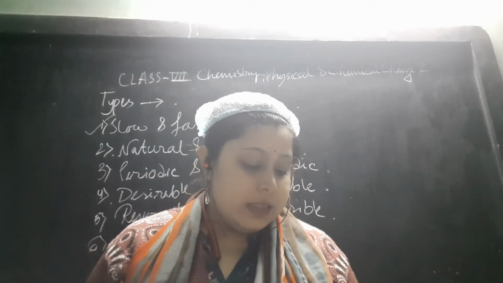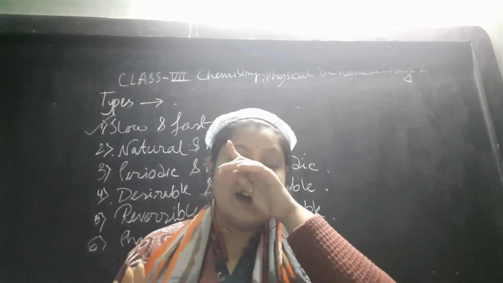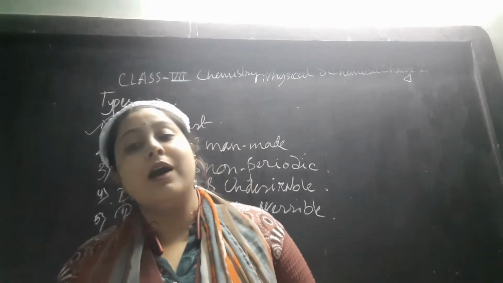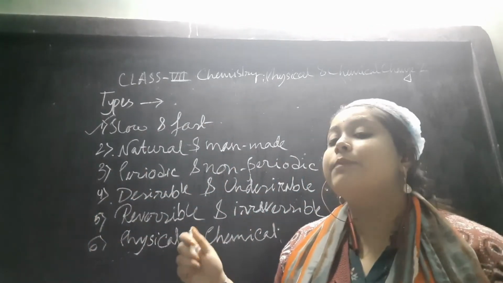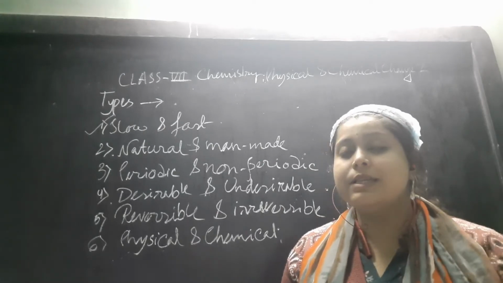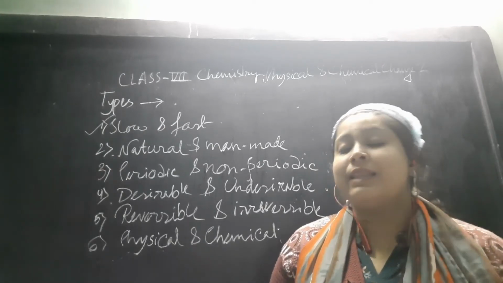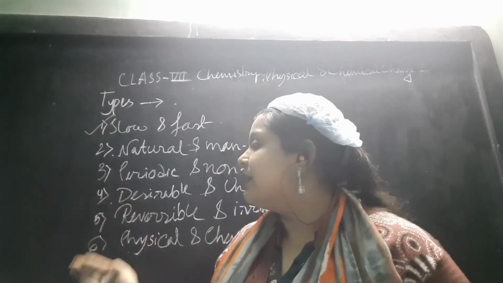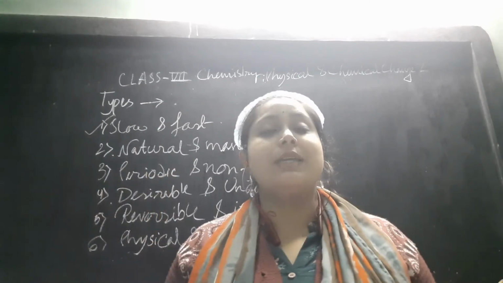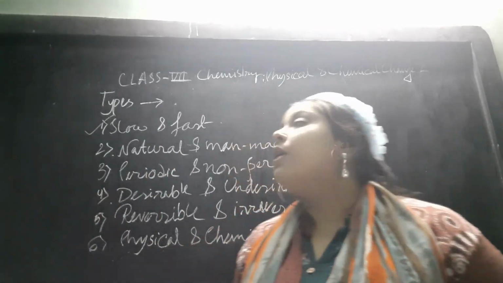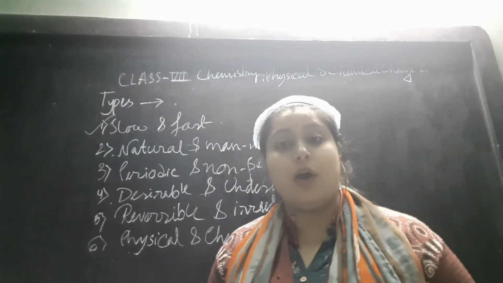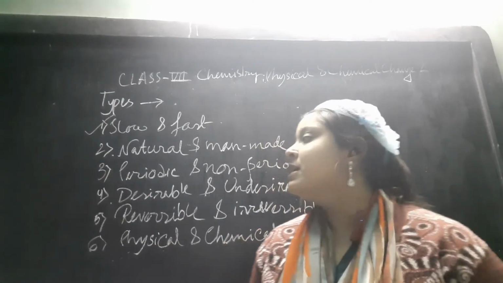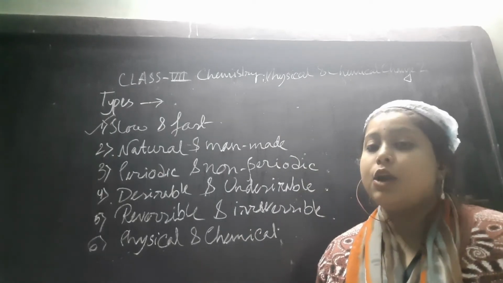In this video we learned about slow changes and fast changes. It is a very important part of changes, because every topic is interrelated. The slow change and the fast change both can be natural or man-made, or sometimes they can also be physical or chemical.